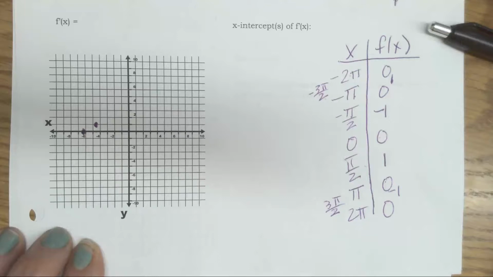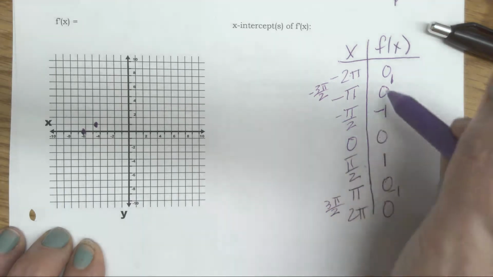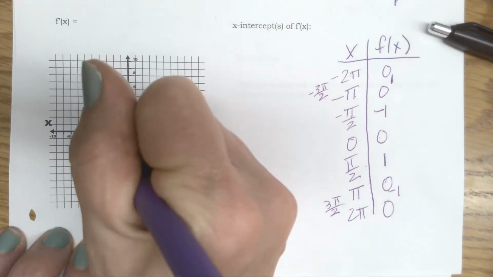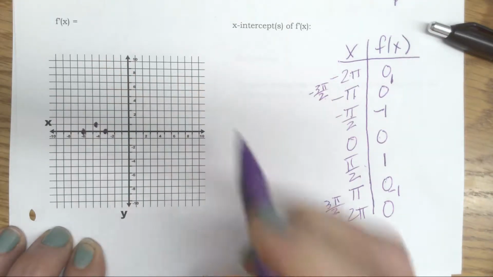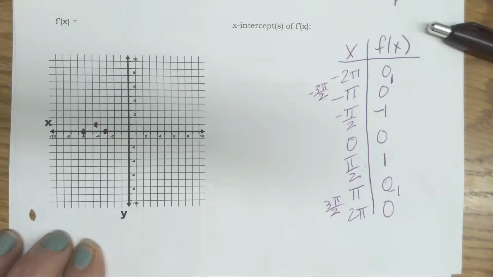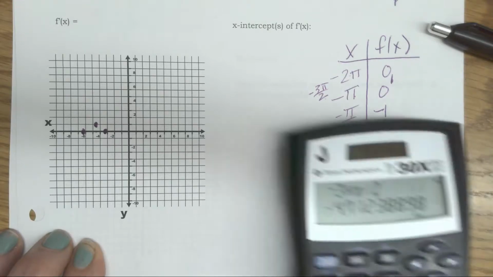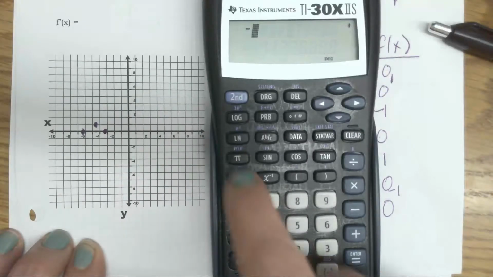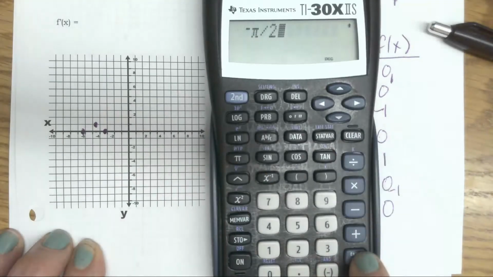How are we feeling so far? I mean, okay. Ish. It's just time consuming. Okay. Negative 3.14. That's 0. I'm just approximating. But I can see it start coming together because I know what this looks like. And then negative pi over 2 would be negative pi divided by 2.